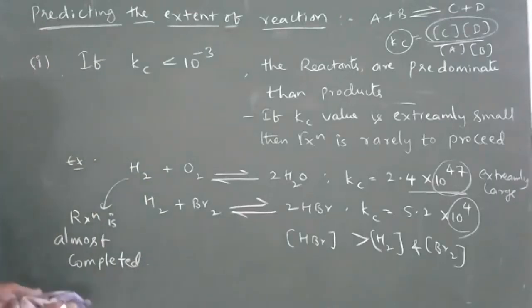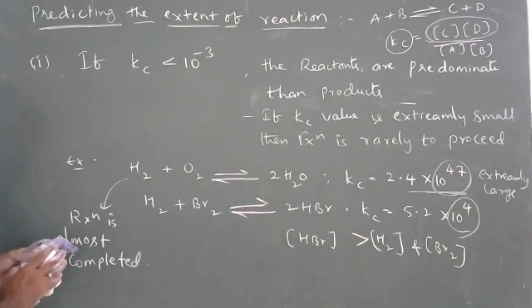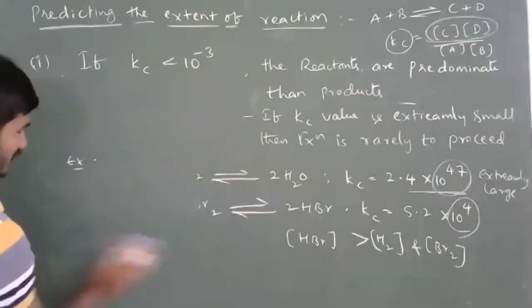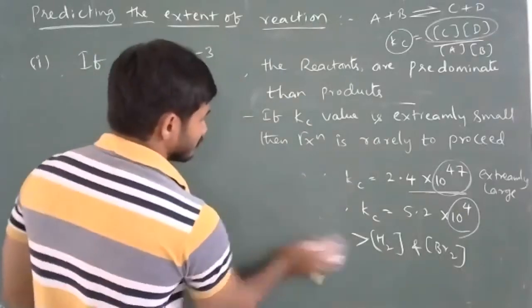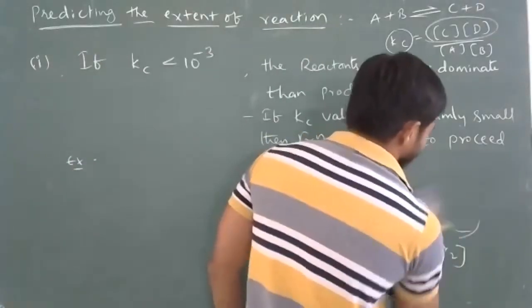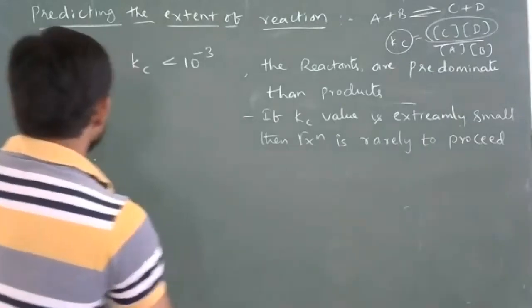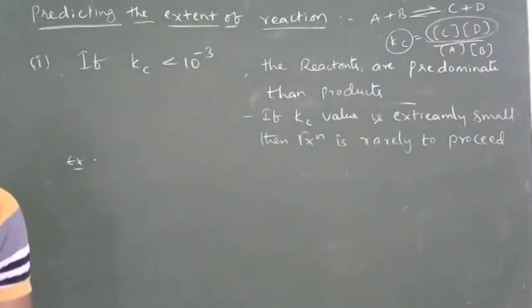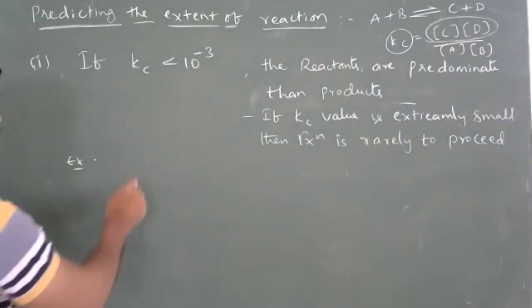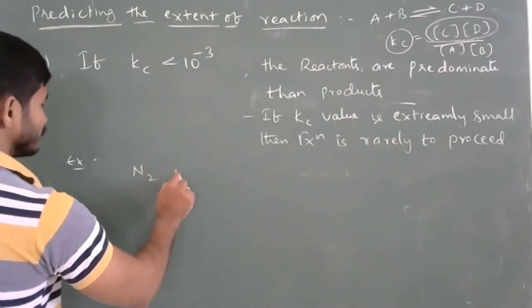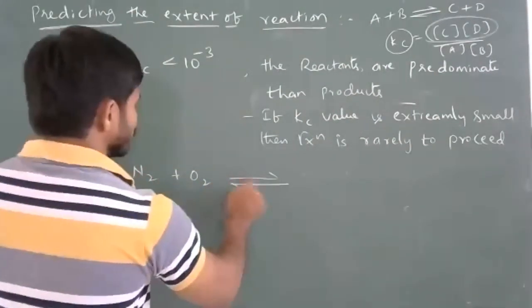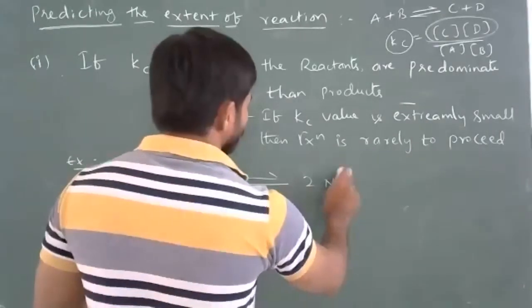Okay, so let us discuss a few examples here. Example: N2 plus O2 gives rise to 2NO.